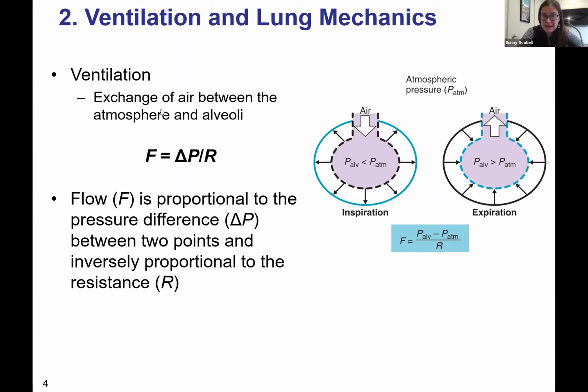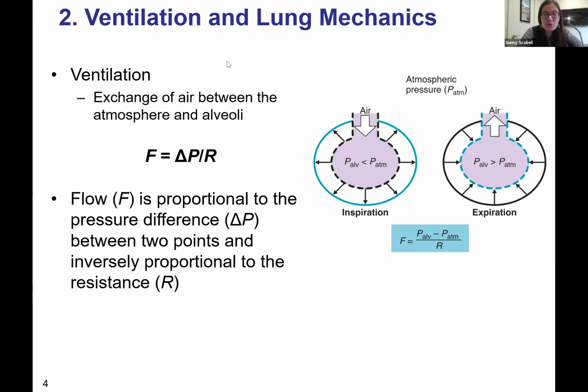So just as we had in blood vessels, the difference in the pressure divided by the resistance is how flow is calculated. So all we need to know is the two pressures and the resistance, and we have the flow rate.